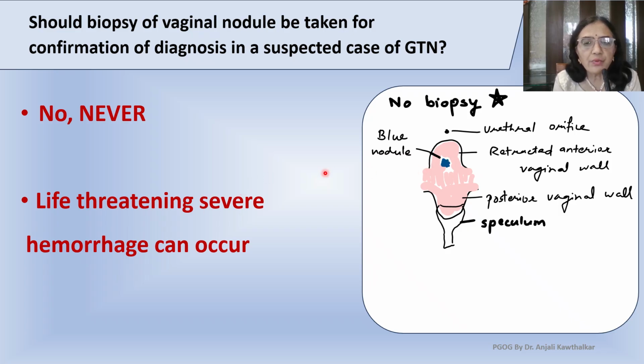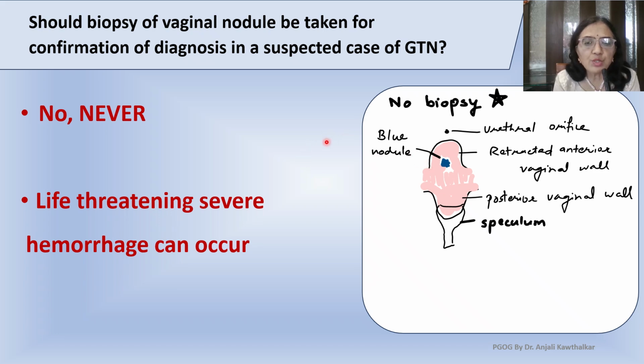As obstetricians, we are always taught throughout our residency that intrapartum per vaginal examination should never be done unless you rule out placenta previa. It is as important a concept as that if you see a blue nodule over the vagina, you should never proceed with the biopsy.